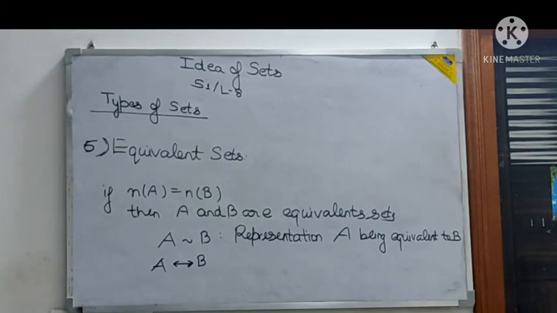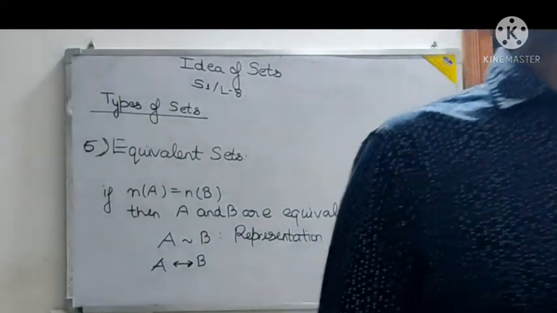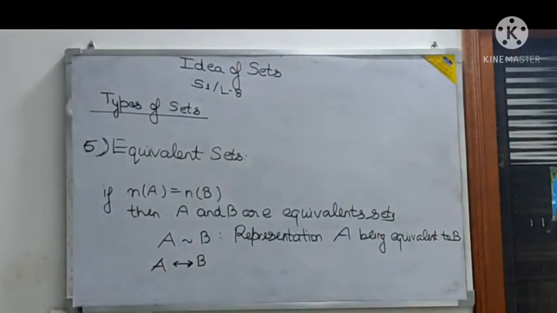And one thing I have left, equal sets, that we'll cover in the next class. And see what the equal sets are, I'll tell you for a short period of time.